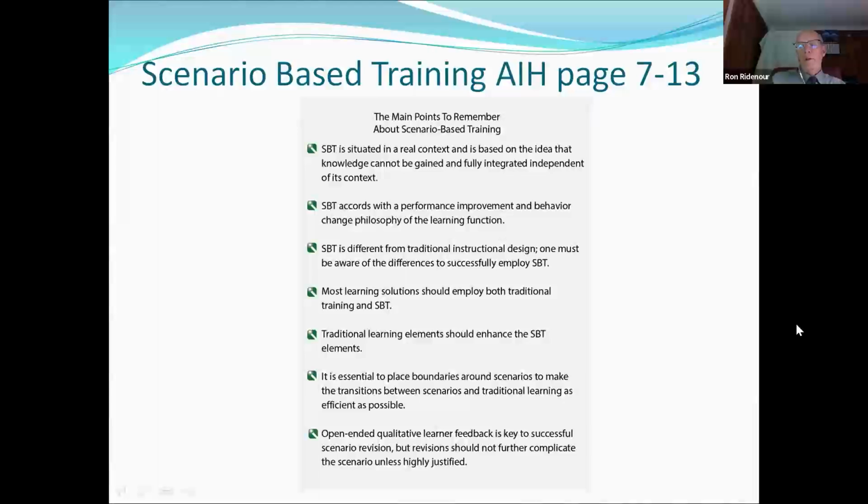That gives you a real tool as an instructor to evaluate what that student has perceived from your instruction. So it's a really good tool to use traditional training methods, but also incorporate scenario-based training as much as you can through the process.